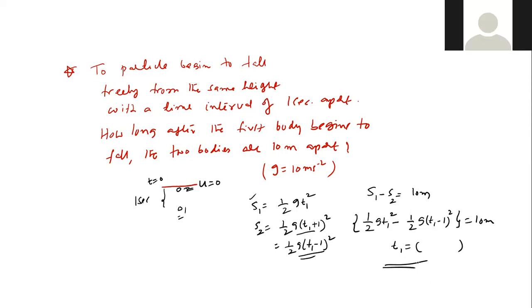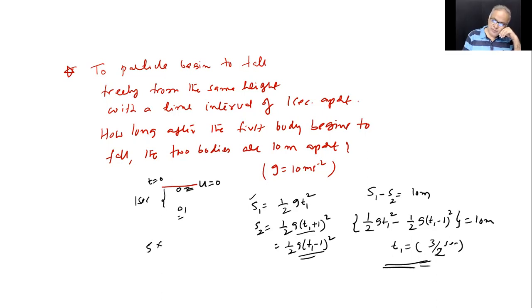Sir, it's 1.5 seconds, sir. Not half a second. So is this coming as 3/2 seconds, children? Others tell me. You can check backwards, no? 5t squared, 5 into 9/4.